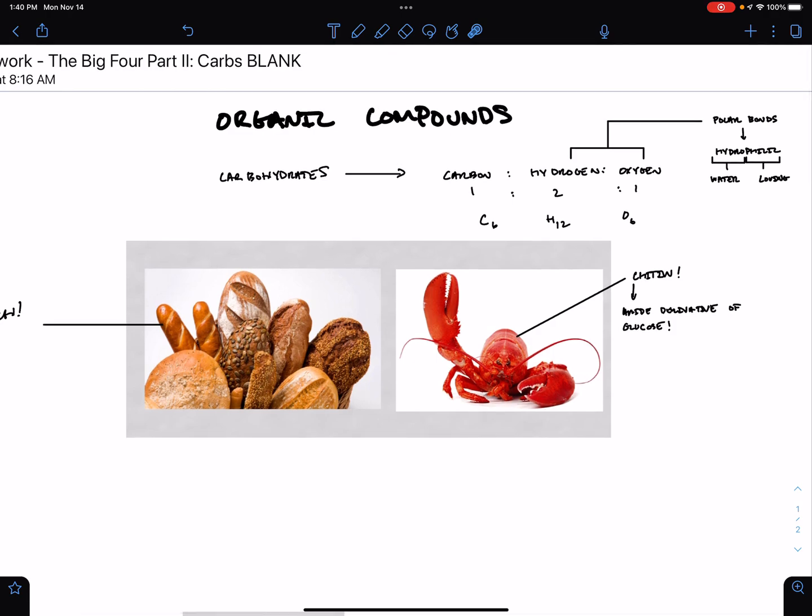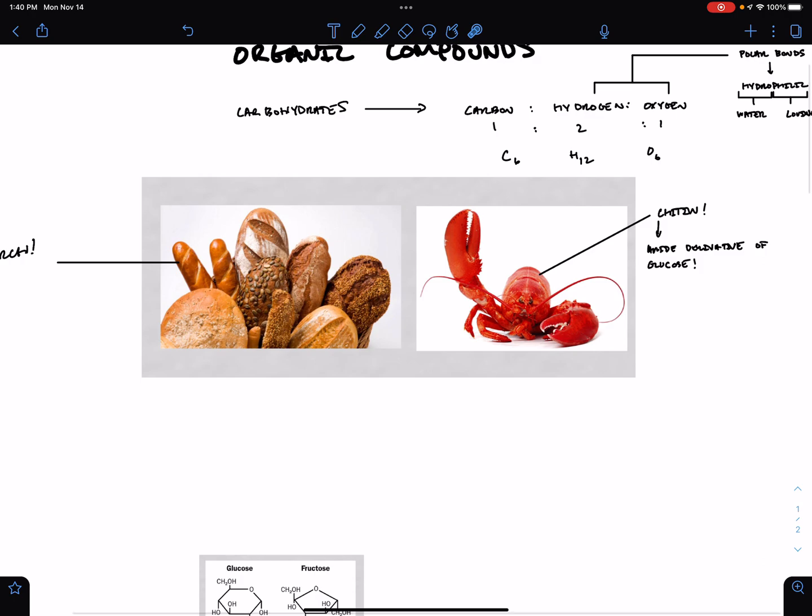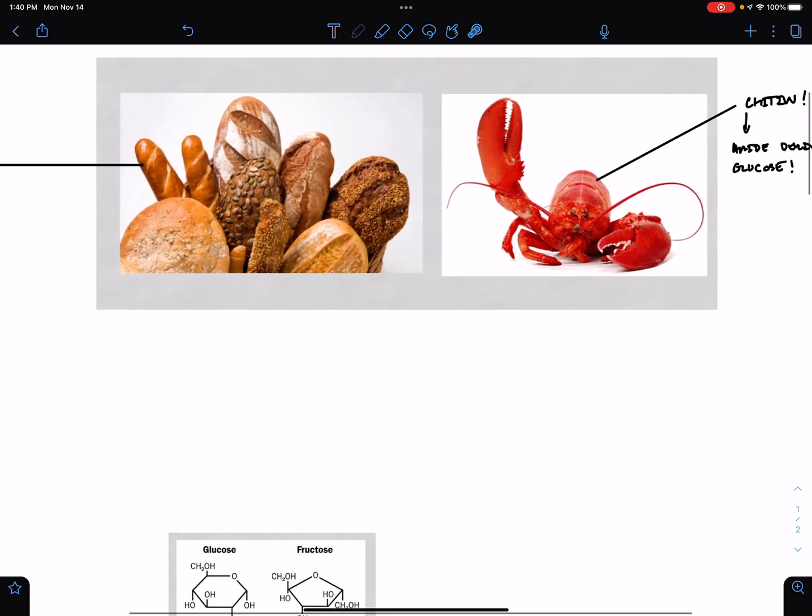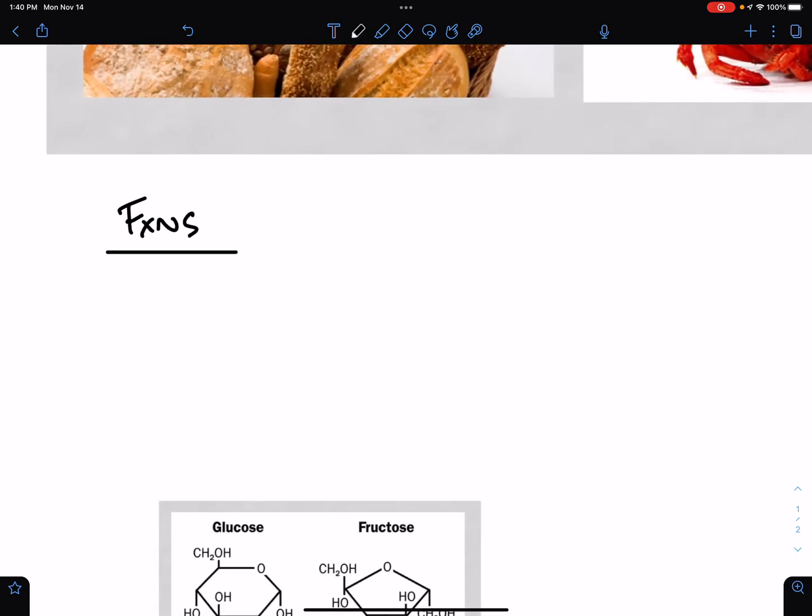Okay, so carbohydrates have a diverse array of functions in cells. They have structural functions.